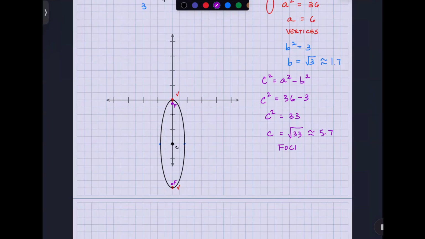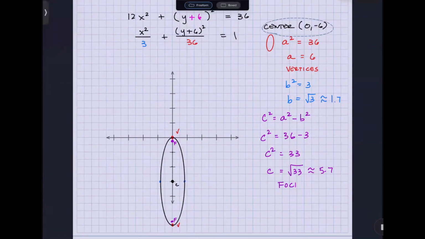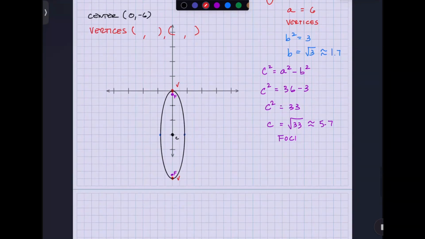Okay, so I have the center at 0, negative 6. Where are my vertices? Very good.